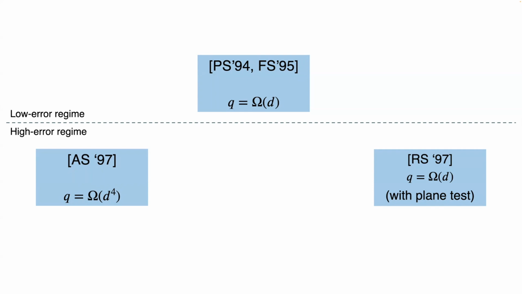And Raz-Safra only require the size of the field to be linearly large in comparison to d, but they analyze the plane point test. So a natural question is whether we can prove a soundness guarantee for the line point test that only requires the size of the field to be linearly large in comparison to d. And that's the main result of our work.